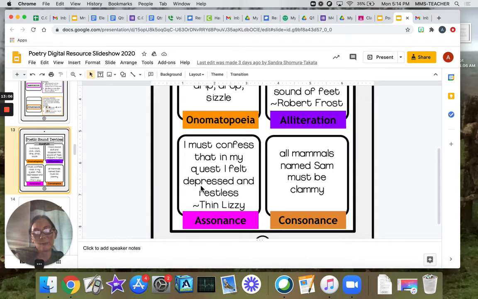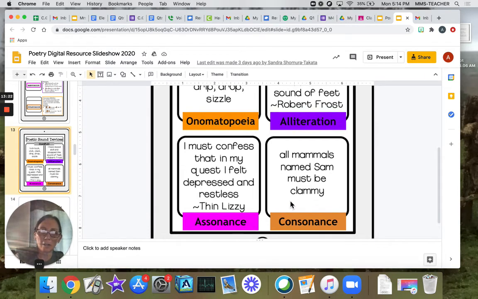So it's the E vowel sound. And for consonance, remember this is the repetition of a consonant sound, but not at the beginning of the word. All mammals named Sam must be clammy. So you see, it's that M that's repeated throughout this sentence.